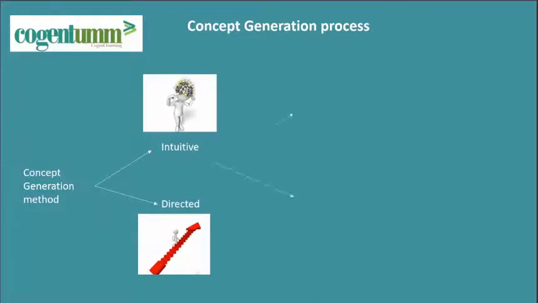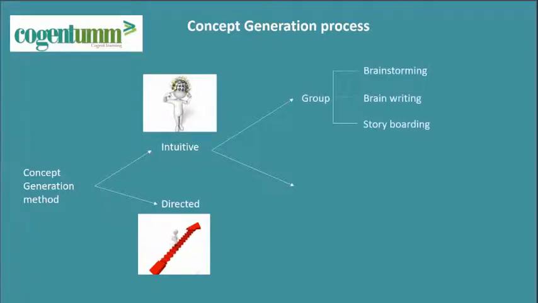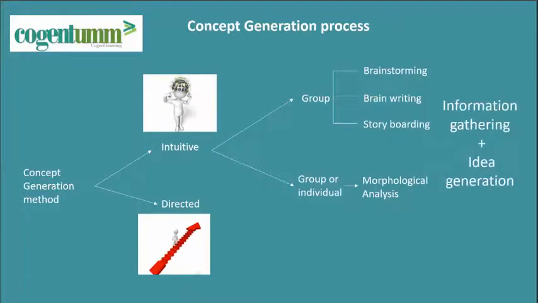The intuitive process is based on information gathering and brainstorming techniques. These are brainstorming, brainwriting, storyboarding, and morphological analysis, which can be done individually as well. These methods focus on combining information gathering with the generation of ideas from the minds of experts.